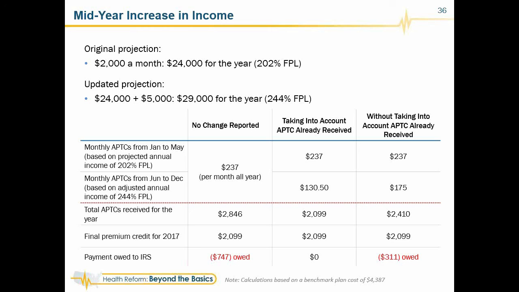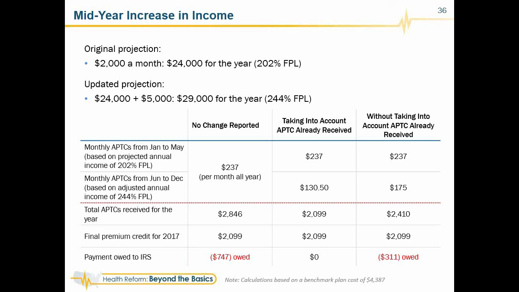And so that's going to mean that he'll receive a greater amount in APTCs than he should have, and he's going to owe some of that back at the end of the year. And the reason for that is just because they didn't account for how much APTC he had already received in the year. They were calculating his amount based on 244% of FPL without thinking about how much he'd already received. They were just starting fresh. But then the math works out that he's going to need to owe some of that back.